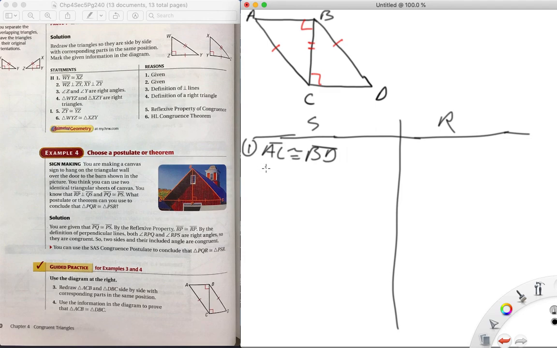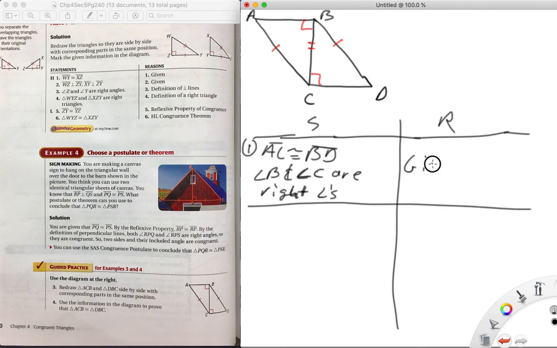And I can say that angle B and angle C are right angles, because it's given to me.